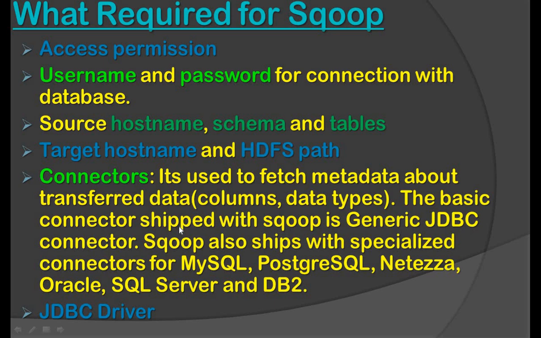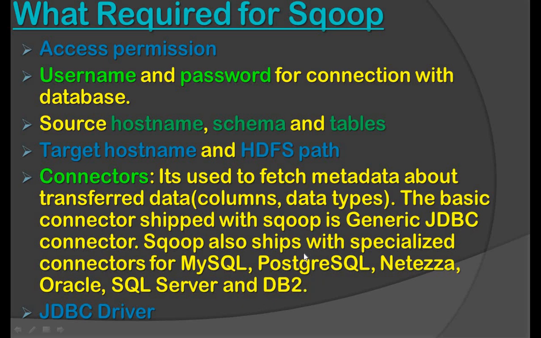The basic connector shipped with Sqoop is the generic JDBC connector. JDBC is the basic connector of Sqoop. Sqoop also ships with specialized connectors for MySQL, PostgreSQL, Netezza, Oracle, SQL Server and DB2.